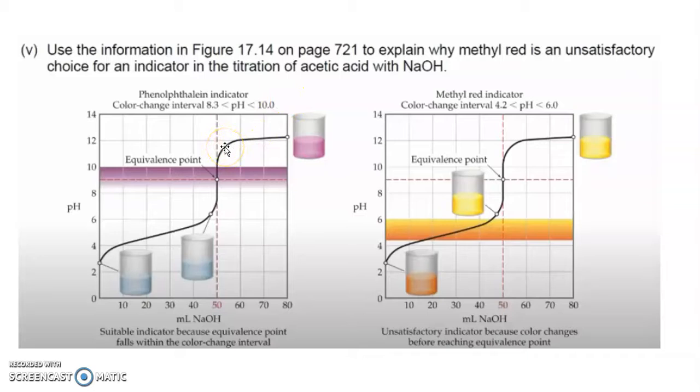For the first one, it says, why is methyl red not indicated for the case of titration of acetic acid? If you look at this, here is that steep part of the curve. Methyl red is going to change down here, and we're done. We're not going to know what happens after that point, and that's the information we're looking for. So we would go with phenolphthalein for this one, because that changes right in that range. By nature, that chemical changes in that range.